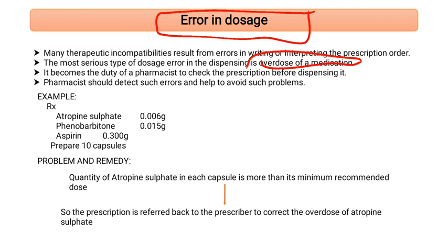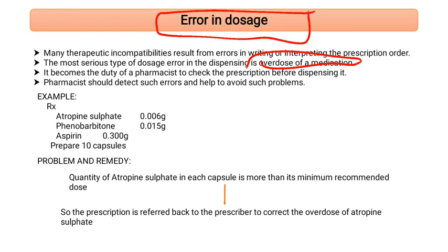So the pharmacist has to check the prescription before dispensing it for any overdose cases. If there is any overdose problem or any other incompatibility, the prescription should be referred back to the prescriber.